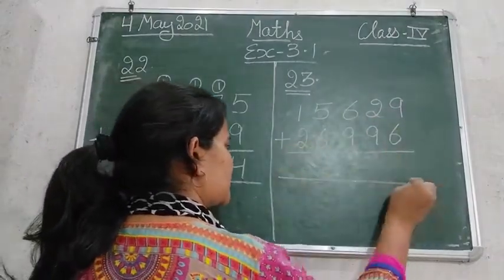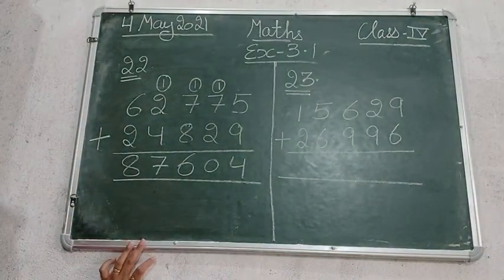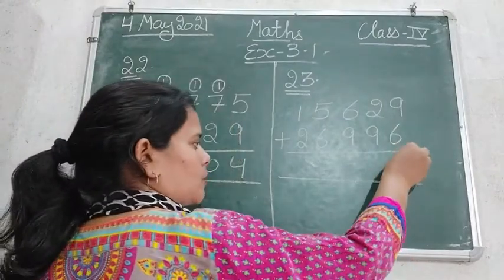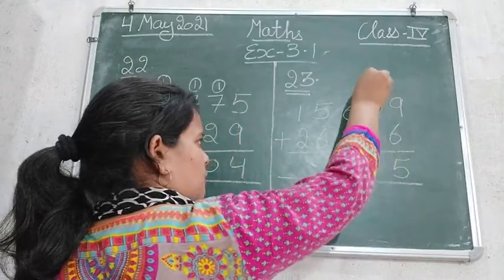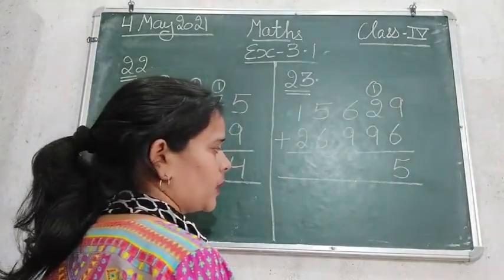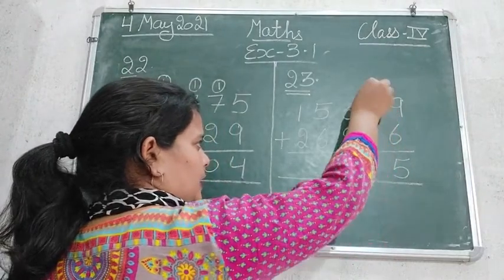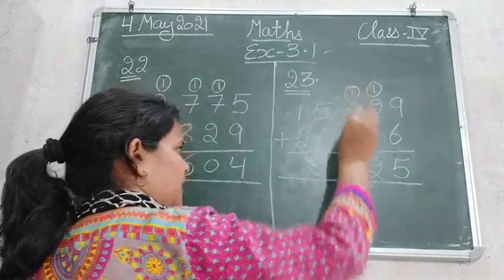So let's add them. Okay, so now we are going to add these two. 9 plus 6, 15. 1 will be carried here. Okay. 9 plus 2, 11. Plus 1, 12. 2 will be here and 1 will be carried forward to the next number.